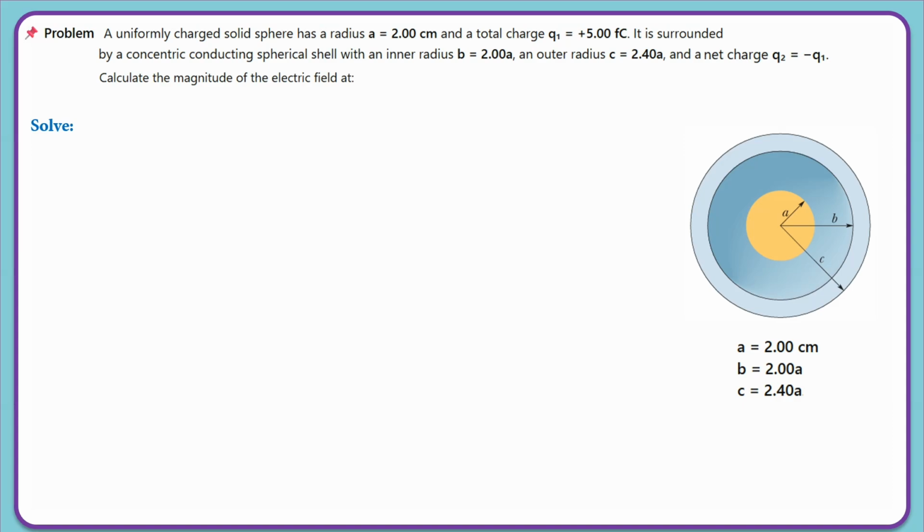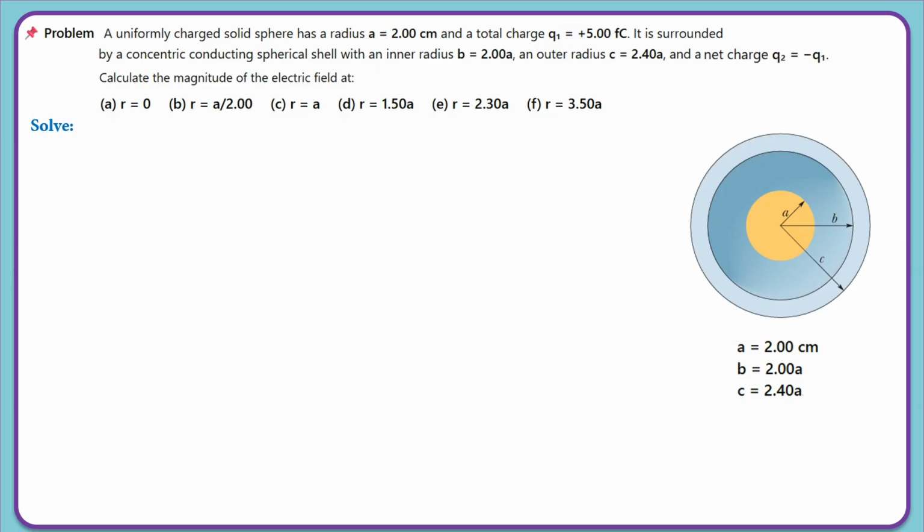The conducting shell has an inner radius B equals 2A, an outer radius C equals 2.4A, and a net charge Q2 equals negative Q1. We are asked to find the electric field at 6 different points: R equals 0, R equals A over 2, R equals A, R equals 1.5A, R equals 2.3A, and R equals 3.5A.